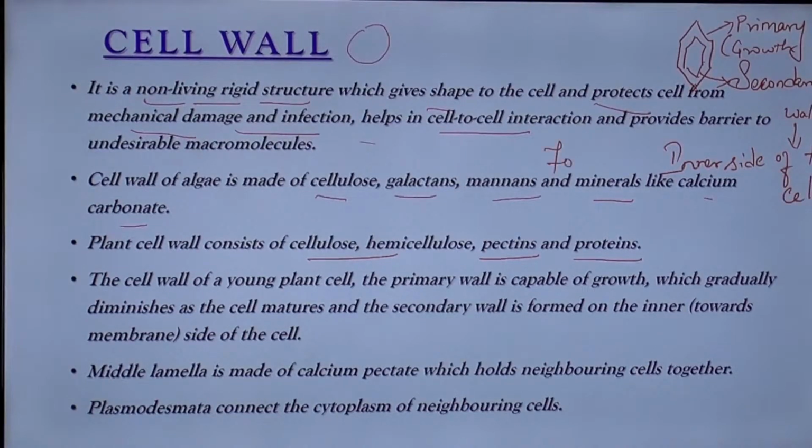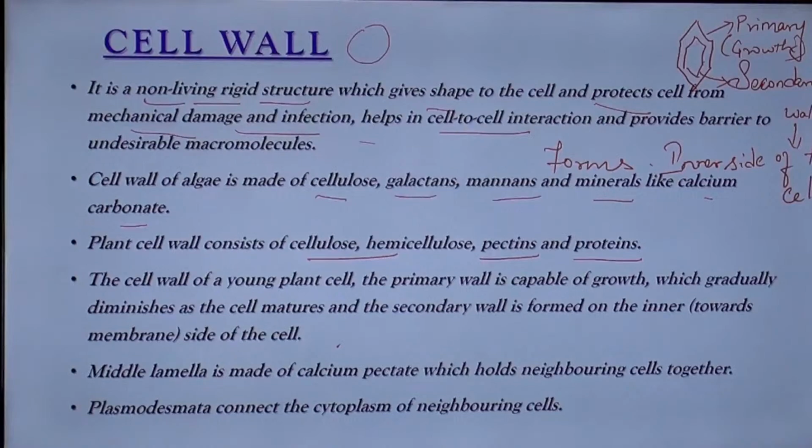So the cell wall consists of two walls in the young plant cell: the primary wall, helpful for growth and development, and the secondary wall, which forms on the inner side of the cell. So that is this point.